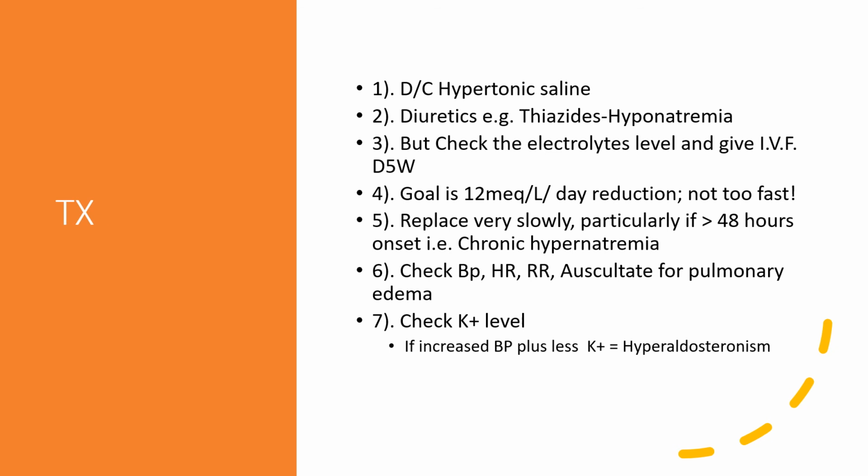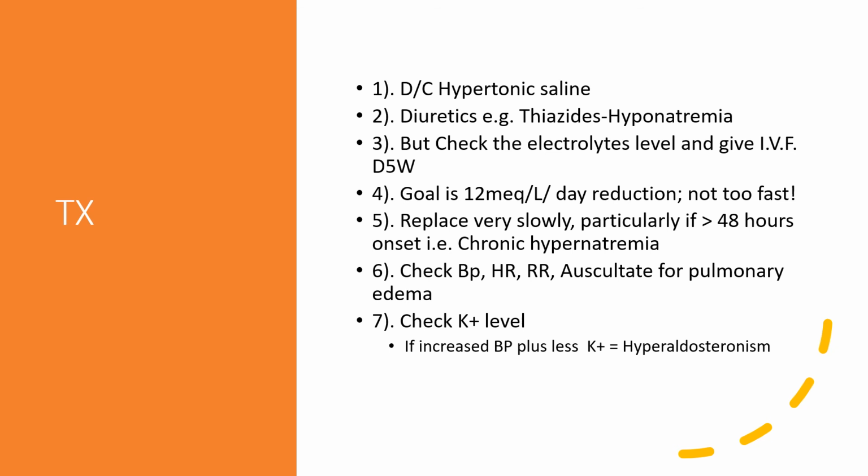You have to check the vital signs, the blood pressure, the heart rate, respiratory rate, and of course, we auscultate for pulmonary edema. And with that, we are now administering hypotonic solution, right? D5 water. So we might be faced with pulmonary edema, even cerebral edema.